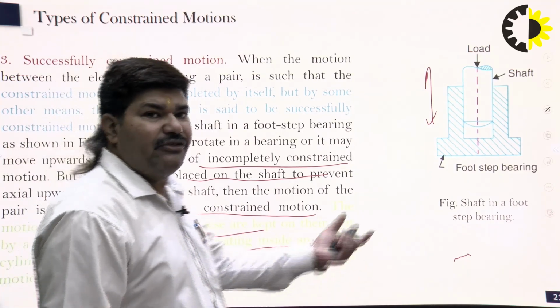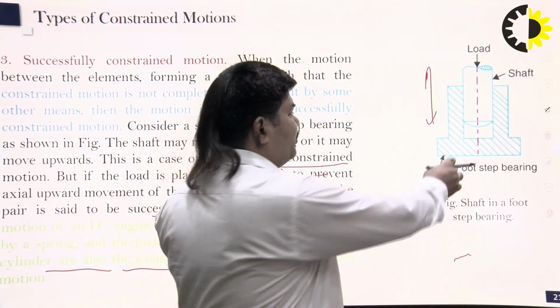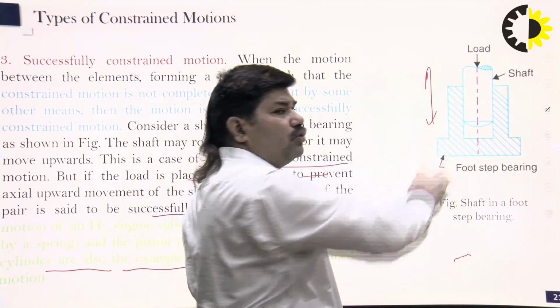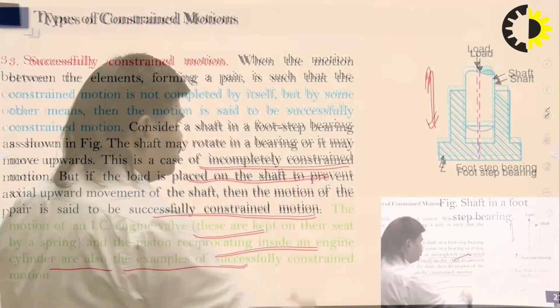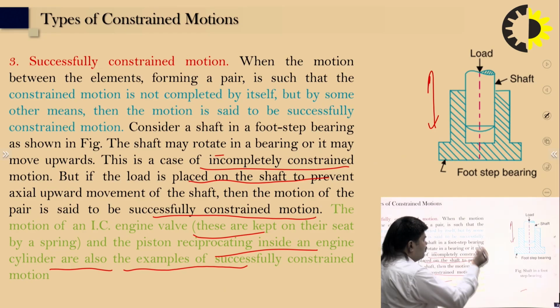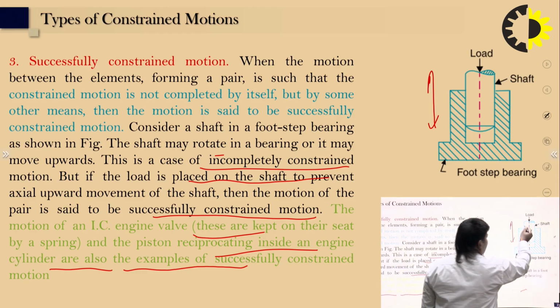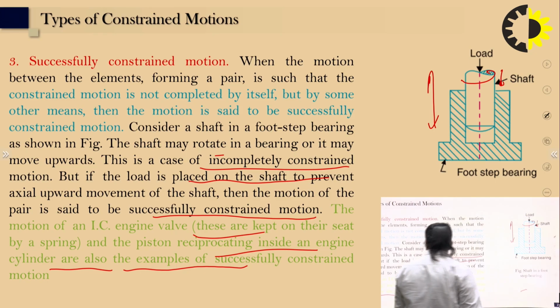In this figure you can see the footstep bearing: this is the shaft, this is the bearing, and the load is applied inside. Consider the shaft in the footstep bearing. The shaft may rotate in the bearing, or it may move upward. So there are two options possible: you can rotate, or you can move upward and downward.